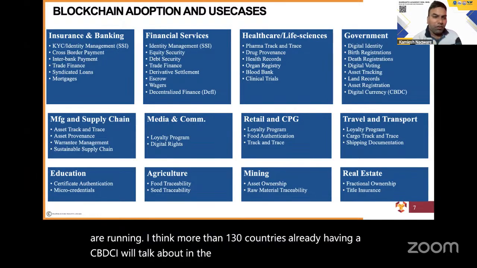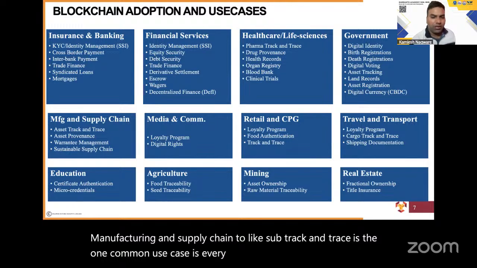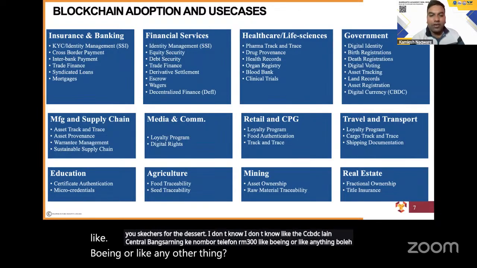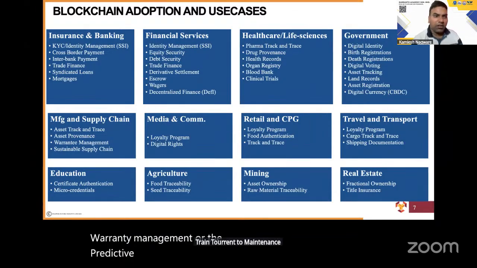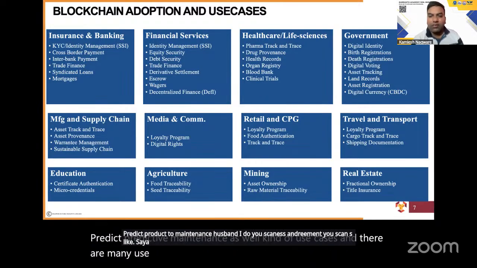In manufacturing and supply chain, track and trace is one common use case every industry is applying, like Walmart, Boeing, or any other. Warranty management and predictive maintenance are also use cases. And there are many others, like retail and CPG, food authentication, track and trace.